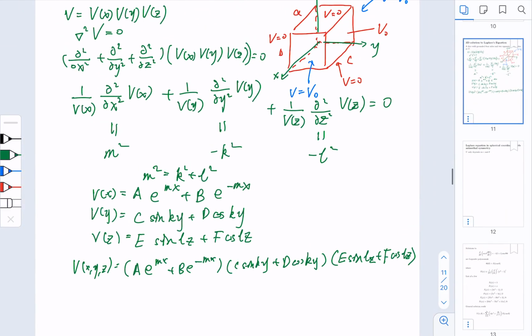Now let's check the boundary condition again. Because along the y direction, the potential must be 0 at both sides, the cosine function must vanish, and the same is true along the z direction: the cosine function also needs to vanish. And along the x direction, because V takes a finite value, it can be A and B, which is something that we need to determine.